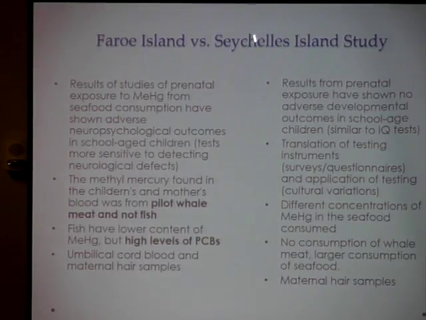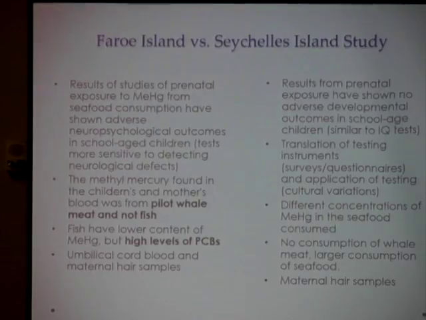The limitation of this study that I wanted to point out is that they translated the metric system from the Faroe Island to the Seychelles Island. So it's not exactly translatable. That's one of the criticisms of the Seychelles studies. The interesting thing about the Faroe Island study is that the individuals who live in the Faroe Islands also consume whale meat, which has higher levels of PCBs.